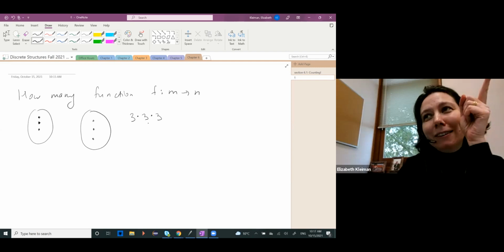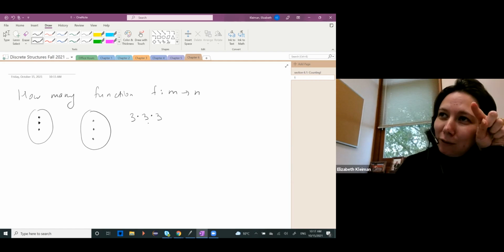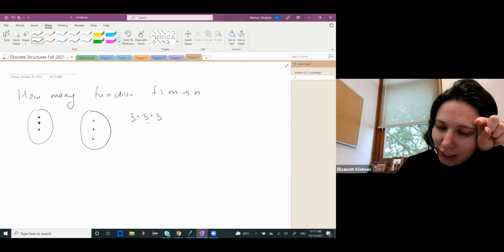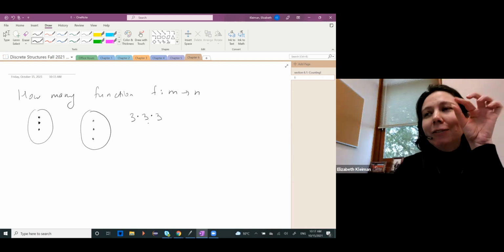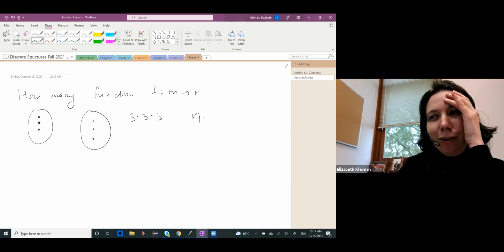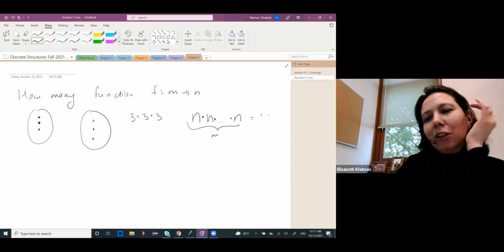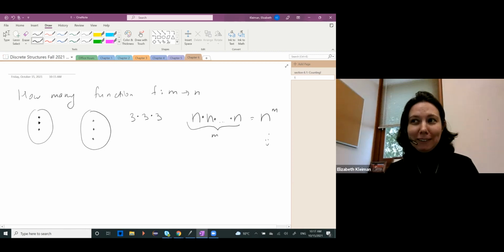It is product. We are dividing it into tasks. We are putting every element from the domain, and we are trying to map it to the codomain. And then each task we can do in n ways. So actually, the correct answer is n multiply n how many times? m times. So actually it's n to the power m. Still product.